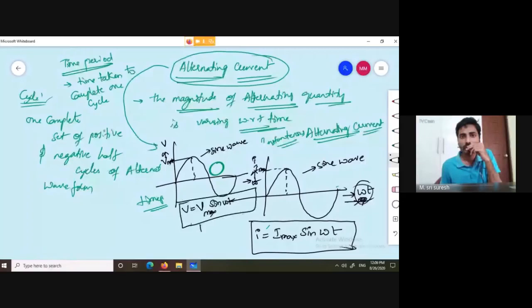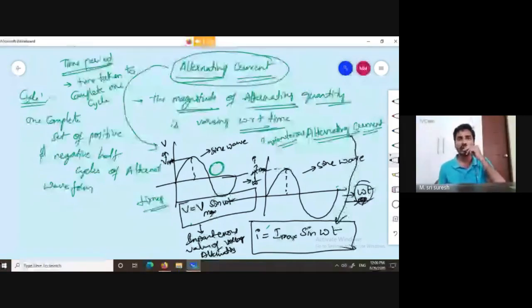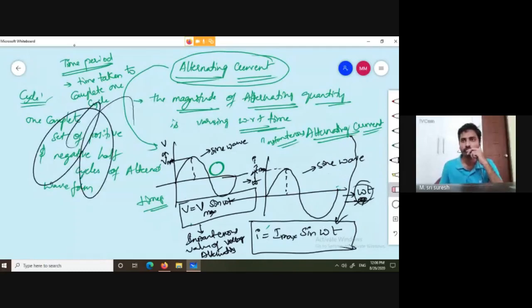This is the instantaneous value of alternating voltage, and the earlier one is the instantaneous value of alternating current. Do you understand? Up to now, can I erase this? These are the small definitions.